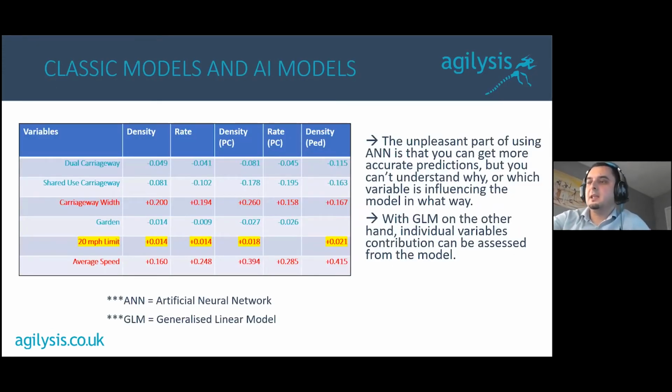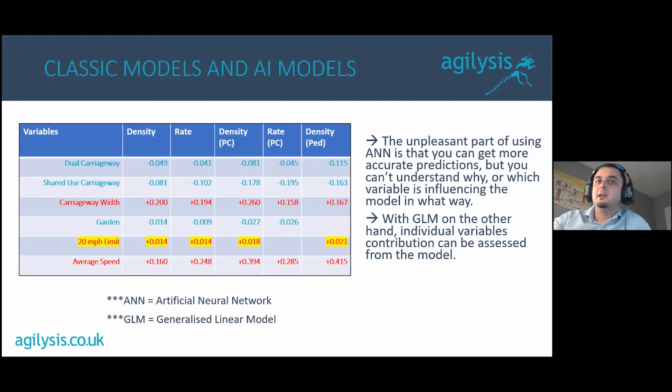And here is one of the cases where we actually met in reality the problem that I was underlining, that some of the effect might be assigned wrongly. Here is an example with just a selection of variables from a project we had with TfL in London, where I say we, but it was mostly Craig, so you can catch him for a lot more questions. We used GLM modeling, where GLM is generalized linear model, and also an artificial neural network, for modeling the same elements to understand predicted risk.